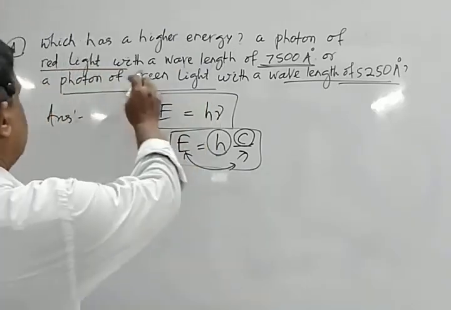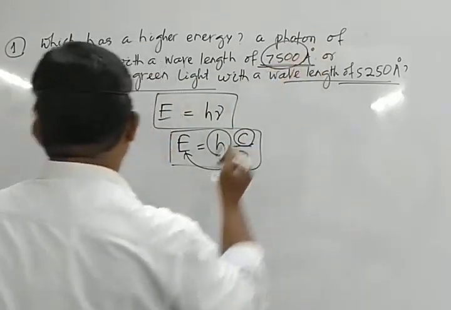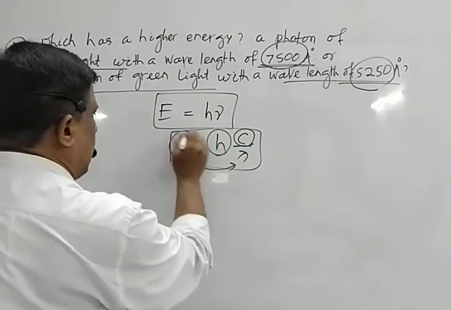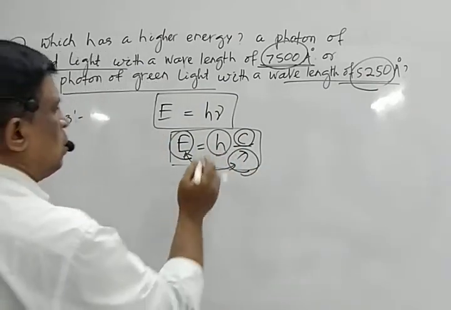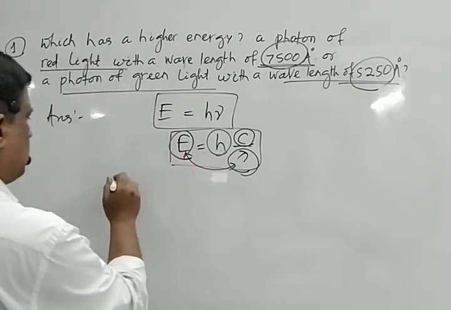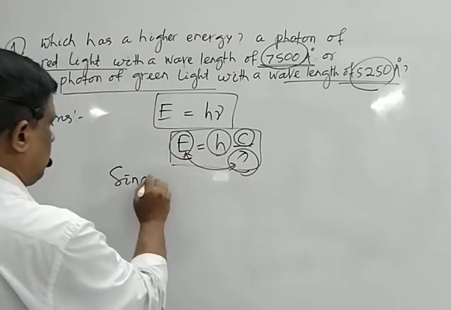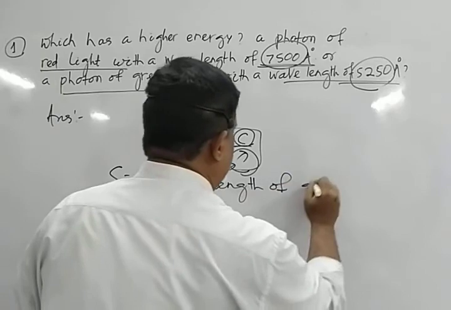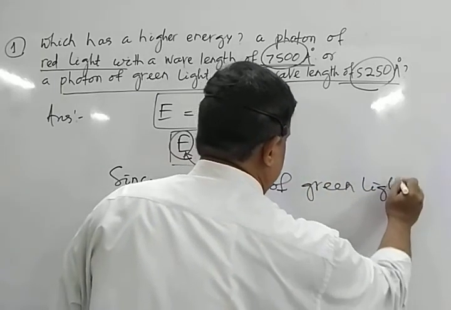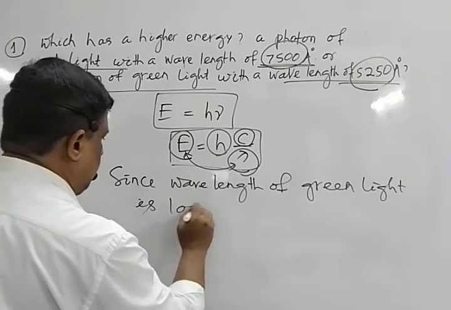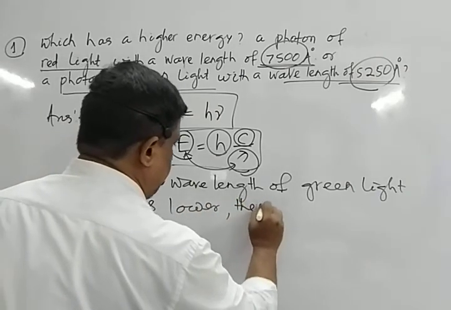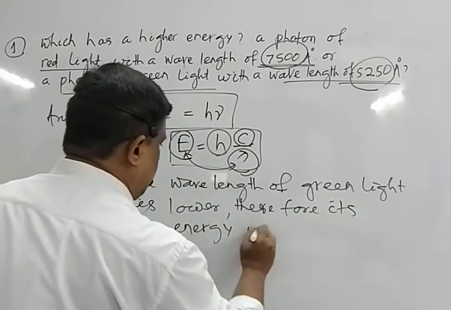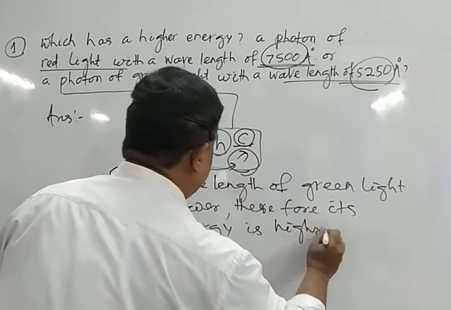Red light has wavelength 7500 and green light has wavelength 5250. Since energy is inversely proportional to wavelength, lower the wavelength, higher the energy. That means since the wavelength of green light is lower, therefore its energy is higher. Mark that.